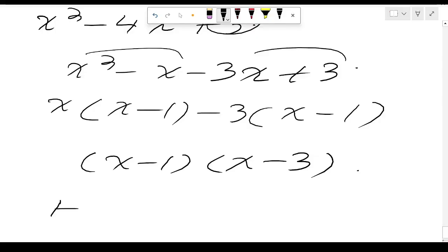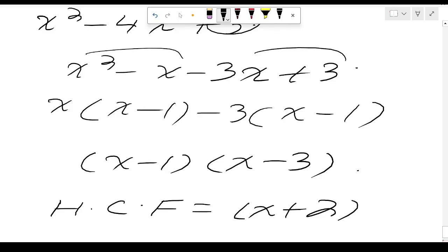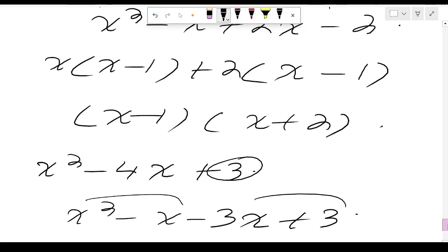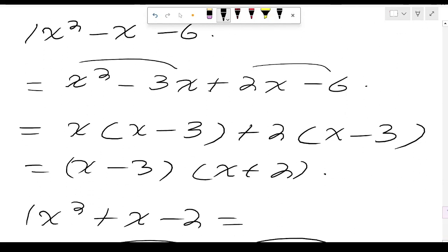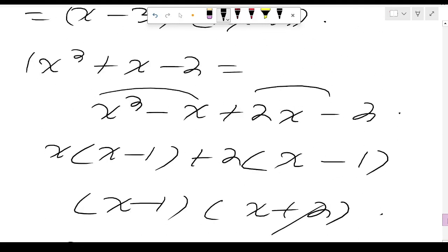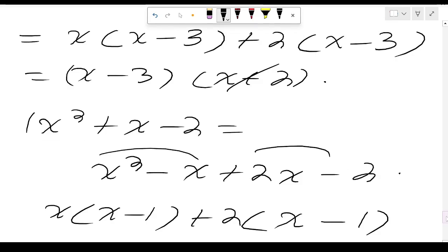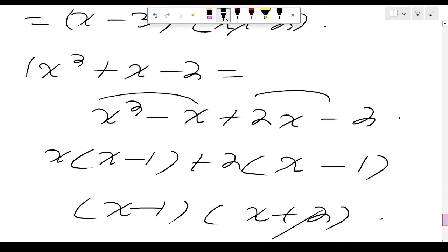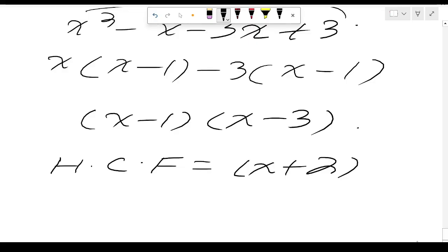Now what will be the HCF? The HCF will be x plus 2. How will the HCF be x plus 2? Because look, in the first we have x plus 2 and in the second we have x plus 2, but in the third we do not have it. So we just pick the first and the second, their common is x plus 2, and then we need to find the uncommon.